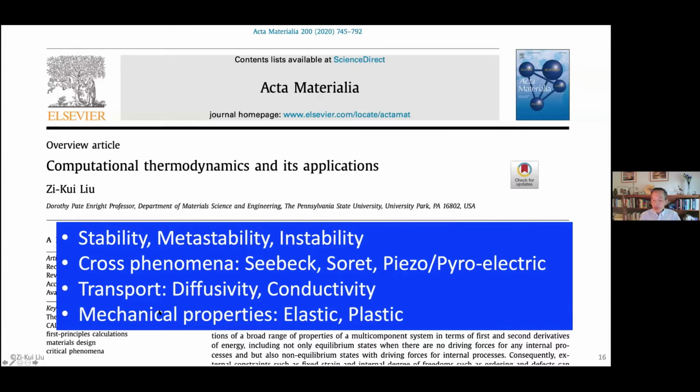All of those properties have the free energy behind them. So if we can make a connection from this free energy all the way up to the macroscopic properties, then we can start to do prediction and design and discovery too.